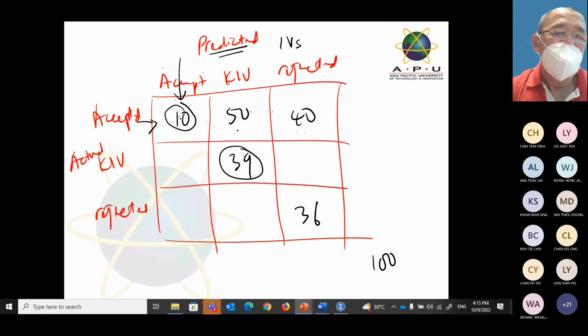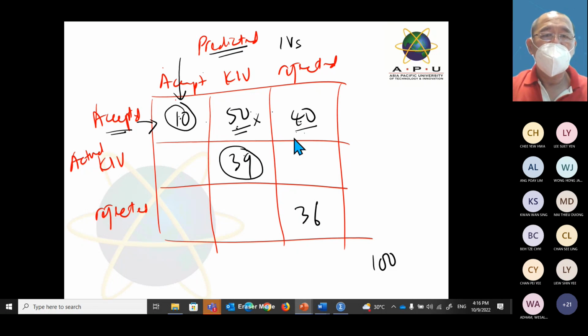What is the meaning of 50? Based on the data analysis, the result says KIV, but they are all accepted. Therefore not correct. Here also not correct: we predicted this 40 rejected, but actually they are all accepted.